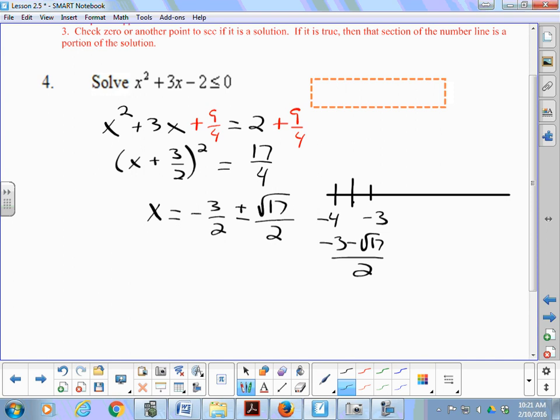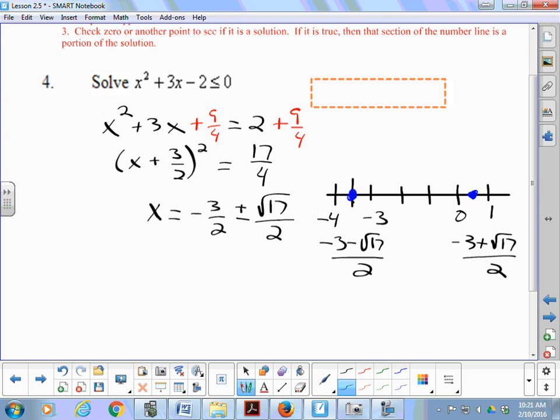So -3, -2, -1, 0, 1. All right? So I've got a 0 here and a 0 over here for them. Okay? And this is 0 and 1. And -3 plus the square root of 17 over 2.